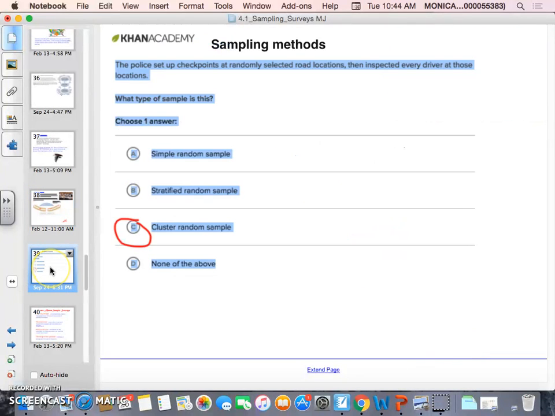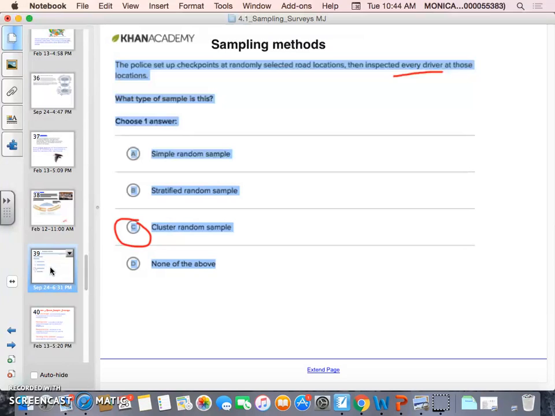Okay. Let's look at some example problems. It says the police set up checkpoints at randomly selected road locations, and then they inspect every driver. If they're going to inspect every driver, that should indicate to you that it's going to be a cluster random sample.